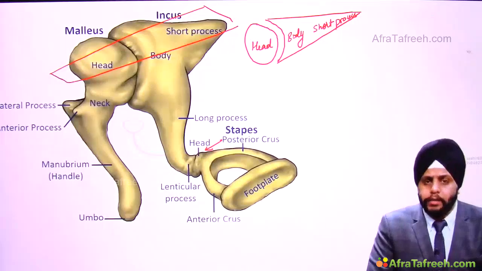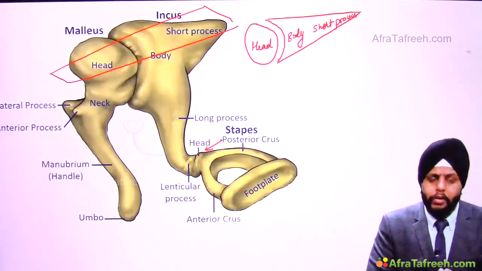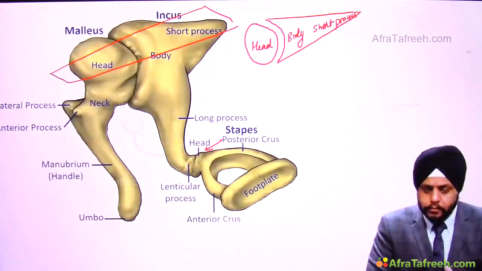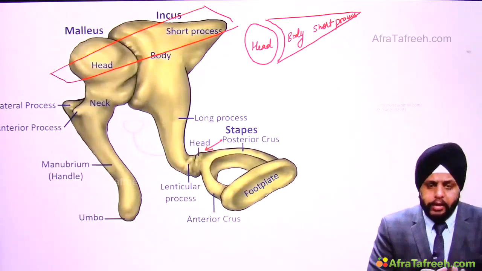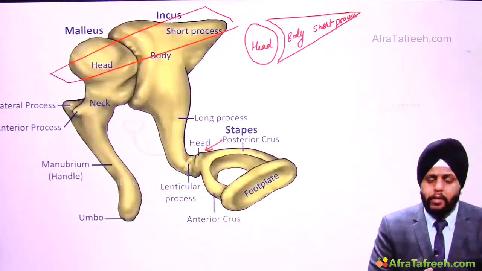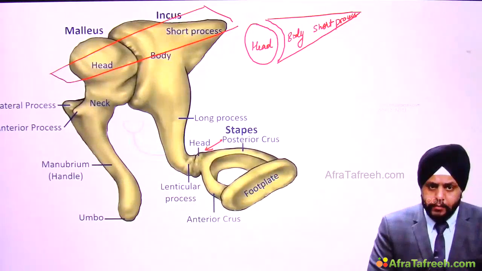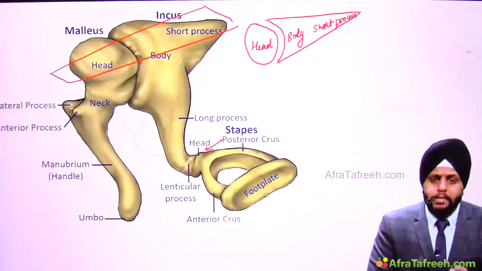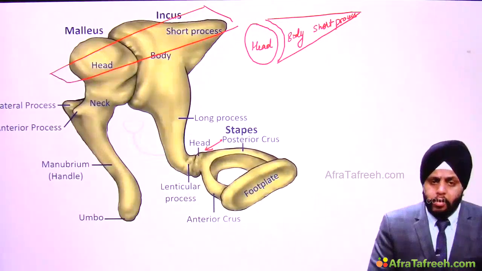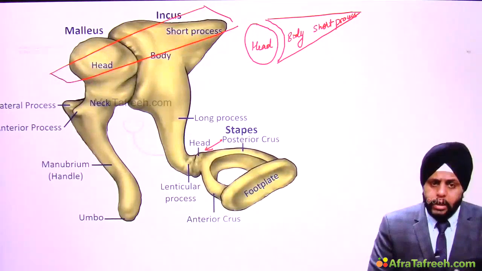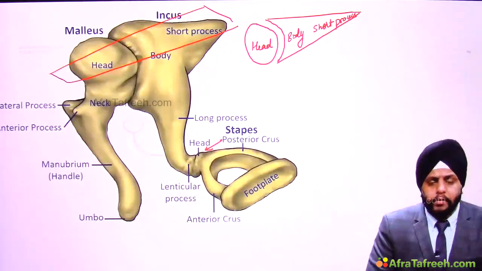So these are the parts of the ossicles. Now the important question that comes is that this ossicular chain, the three ossicles combined together, forms a chain. Now, they start undergoing erosion. Whenever there is a chronic disease, a long-standing infection, that can cause necrosis and erosion.